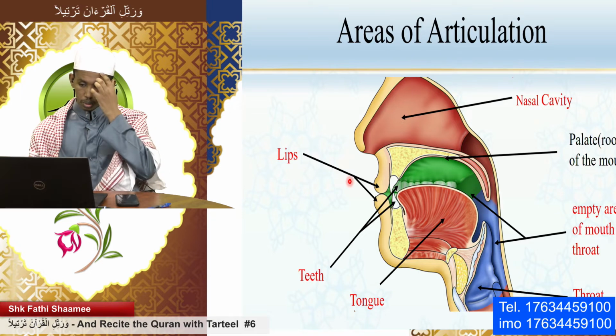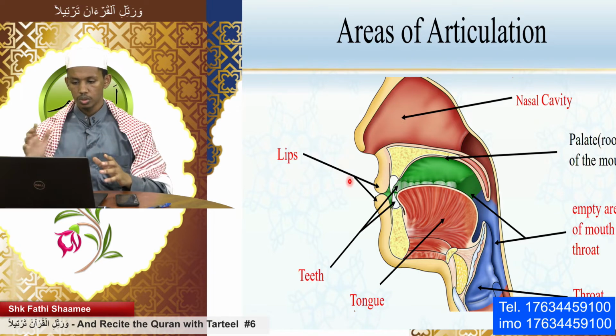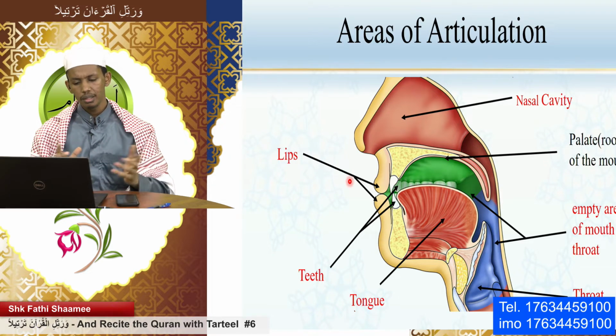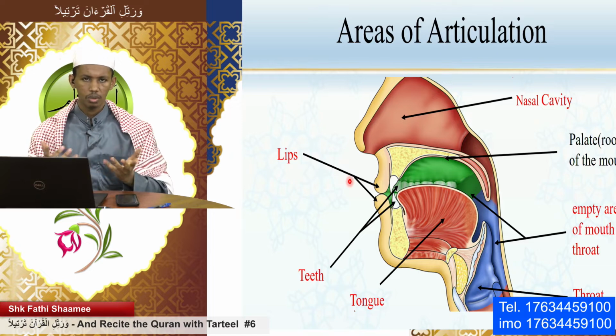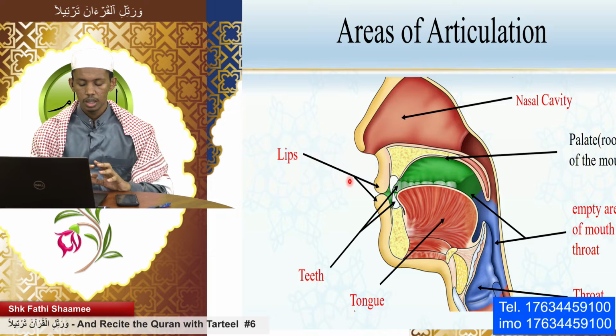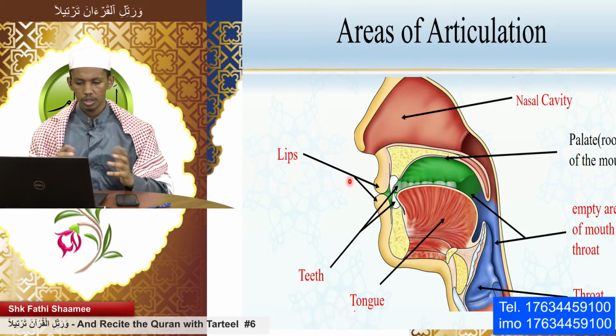So now what we will do is go through all of the makharij one by one, not in detail, just mention them so that you have an idea of what the makharij are, what letters are from which makhraj, which articulation point.